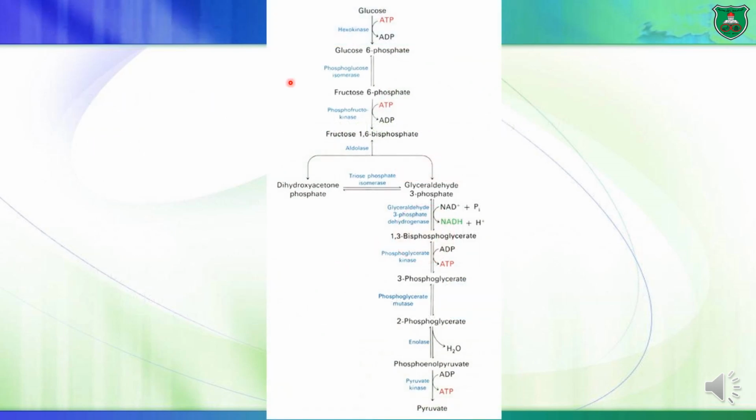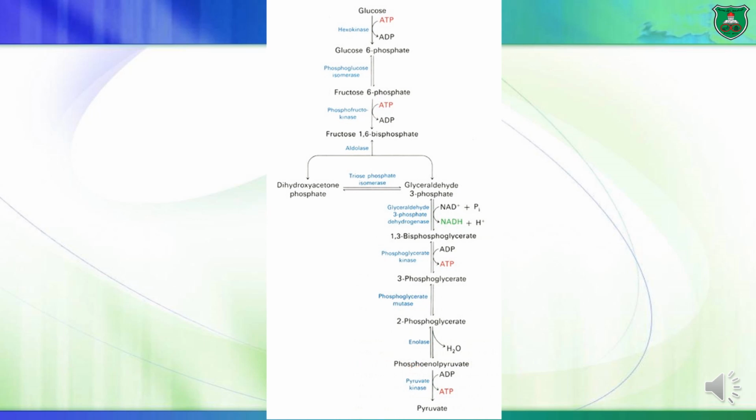So this is the glycolytic pathway. Glucose is ultimately converted to pyruvate. The very last reaction is catalyzed by pyruvate kinase, which phosphorylates ADP, producing ATP, converting phosphoenolpyruvate to pyruvate.